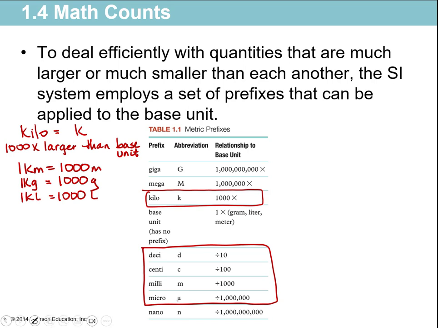The other 4, on the other hand, are all smaller. Deci, centi, milli, and micro are the other 4. They're all smaller than the base unit. Deci, D-E-C-I, a little d, it is 10 times smaller than the base unit.